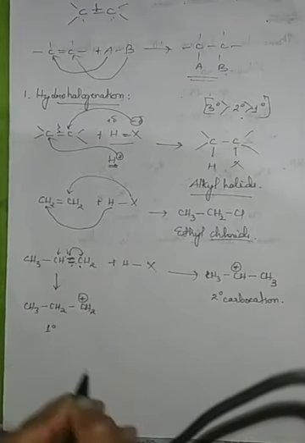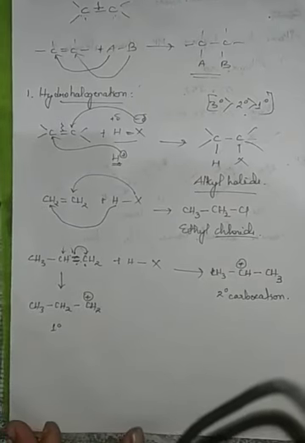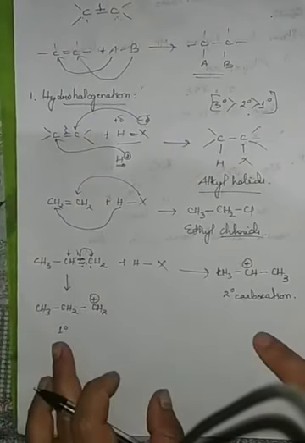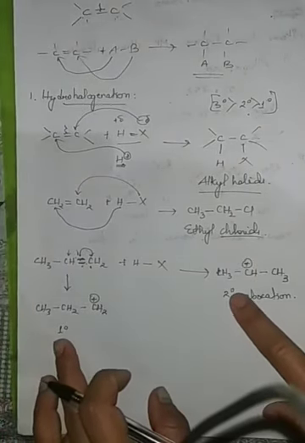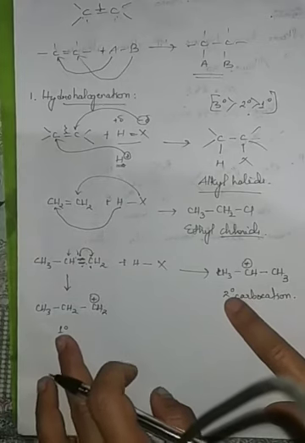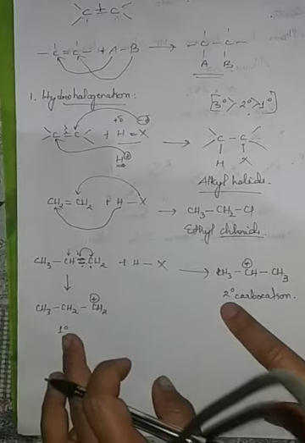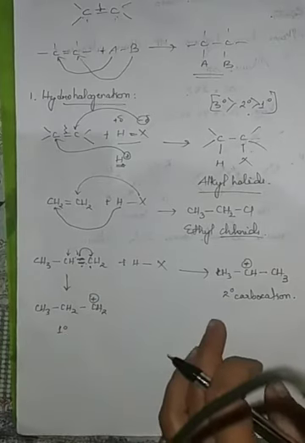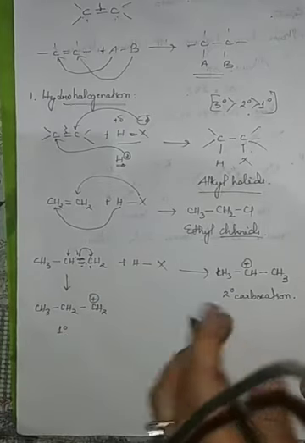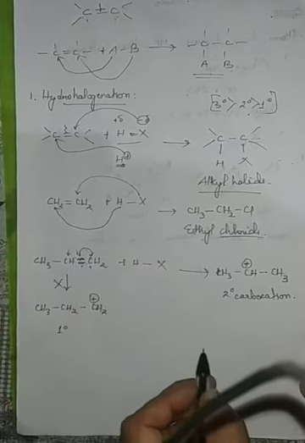Now, this is a primary carbocation. Comparing the stability, we know that secondary carbocations are more stable than primary carbocations. Therefore, the reaction would proceed in the first way, and this second reaction would not be accepted.